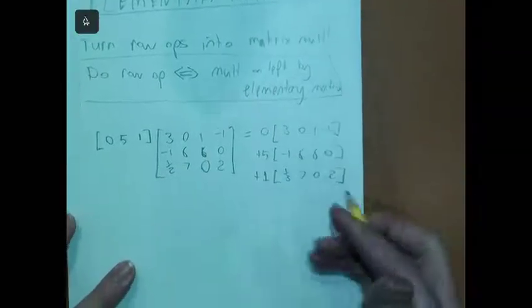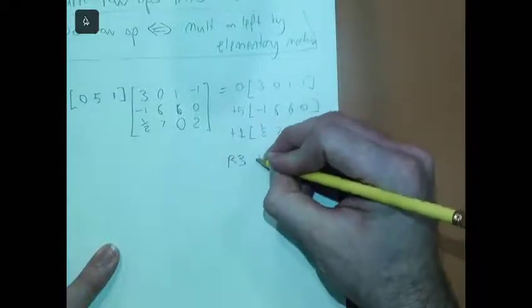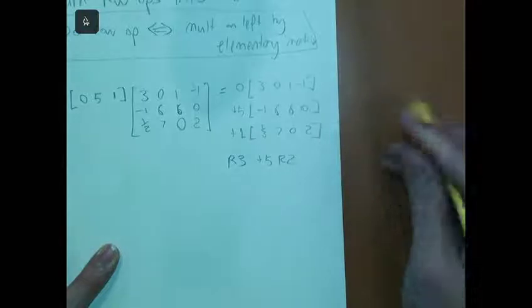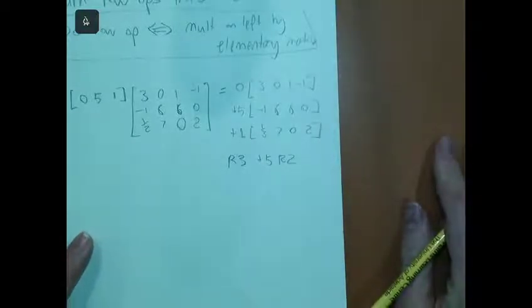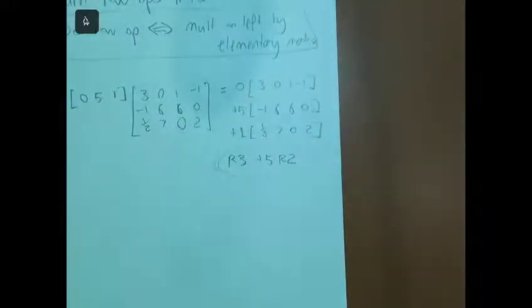So this is basically row 3 and 5 of row 2. That's what this row that I've just calculated is. So, all I need to do a row operation is to make a matrix that tells the universe and the person reading it how to construct the rows of the new matrix.